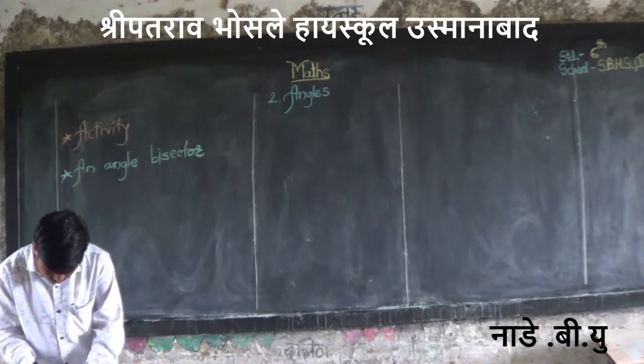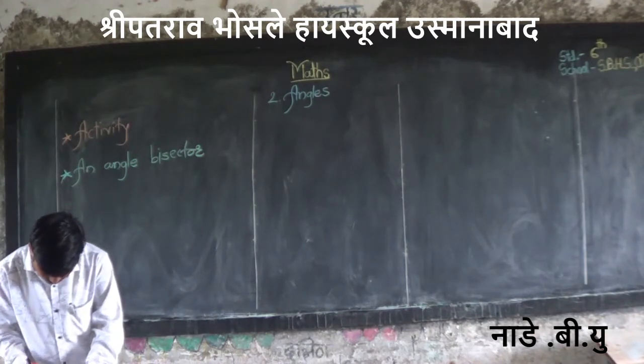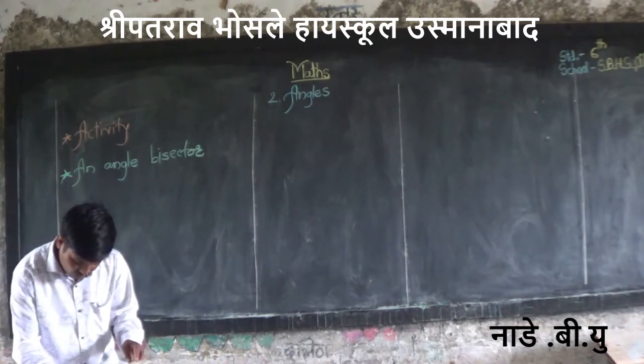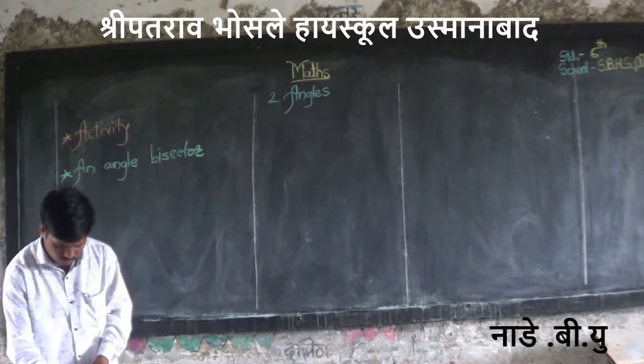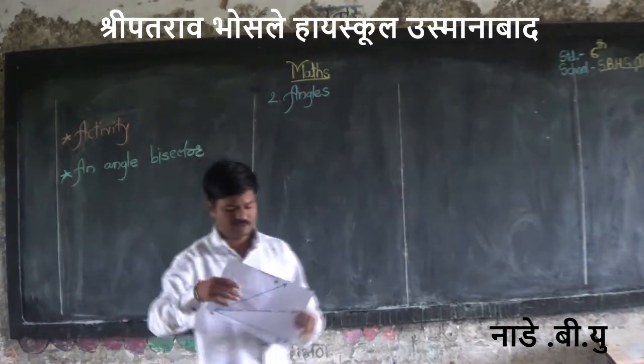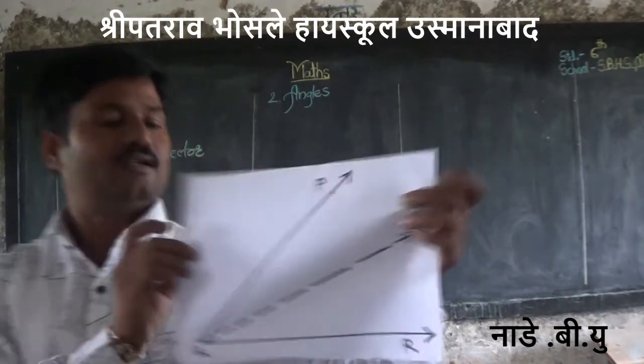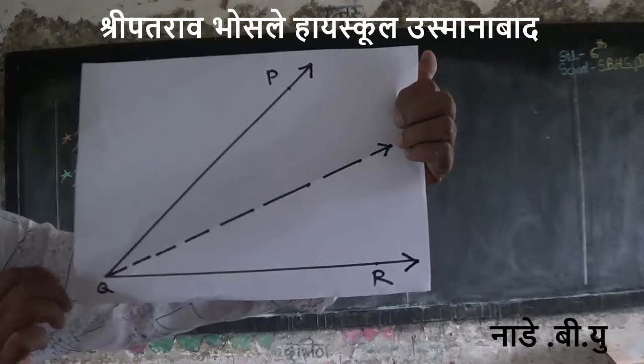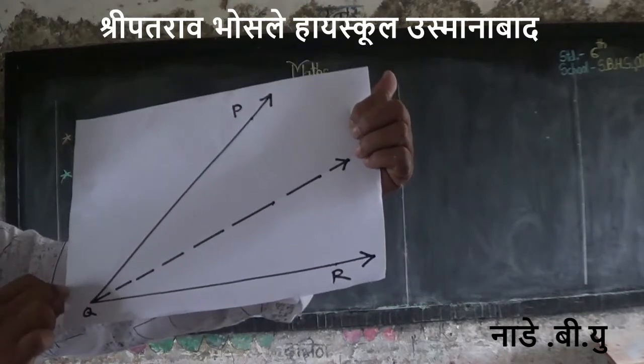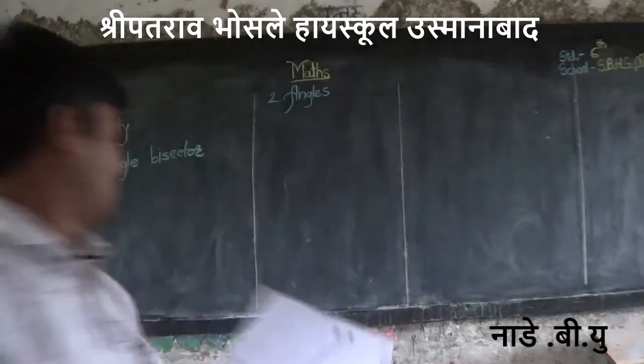Here I show the angle bisector on the sheet of paper. This is the angle bisector of angle PQR.